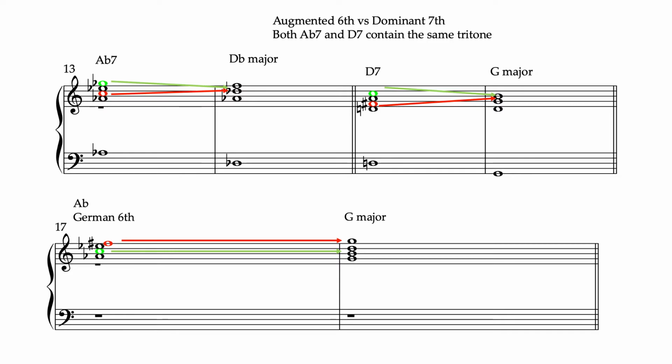And so within an augmented 6th chord, what we're doing is we're taking that, in this case, an A flat dominant 7th, and we're saying, oh, well, that's actually got the same tritone in it as a D7 chord.